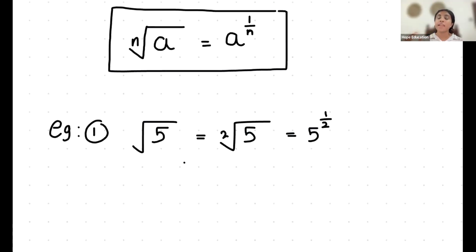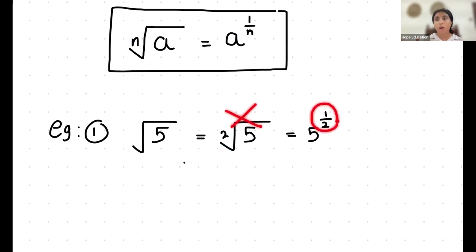So the root sign, I can remove the root completely and make it an index, but that index will be a fraction. That means when there's a root sign, I can remove the root sign completely and put a power here.